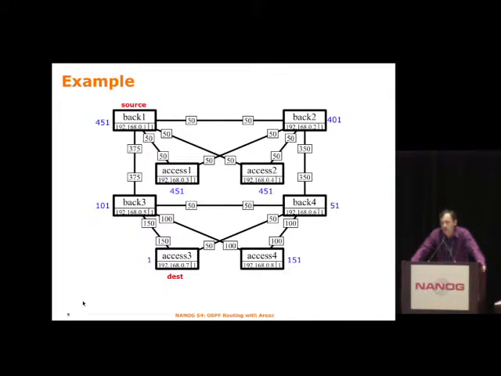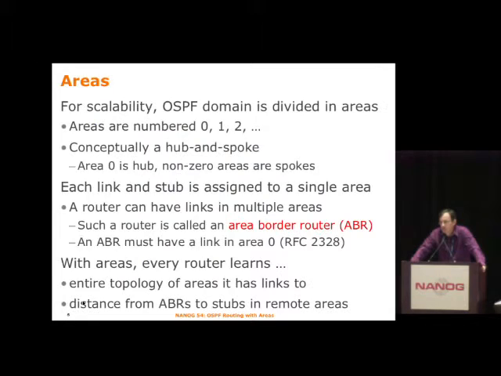Just to pick another example, back 3 has the indirect route through back 4, which is cheaper than its direct route. And so all the routers compute their distances, and then each router in turn forwards the packets along its shortest path or paths.